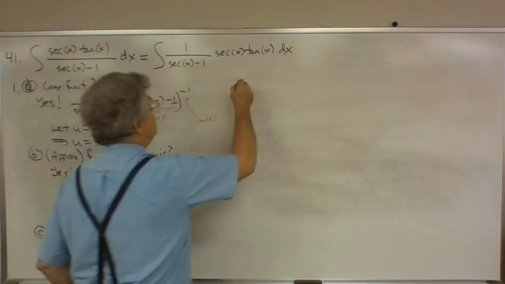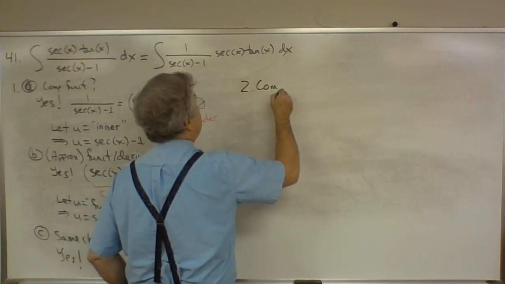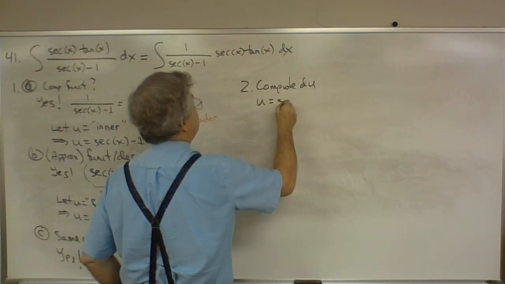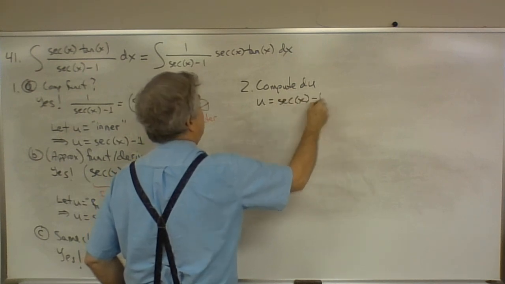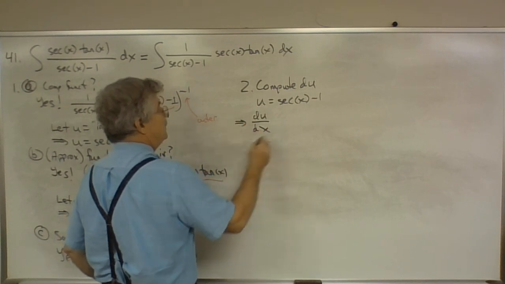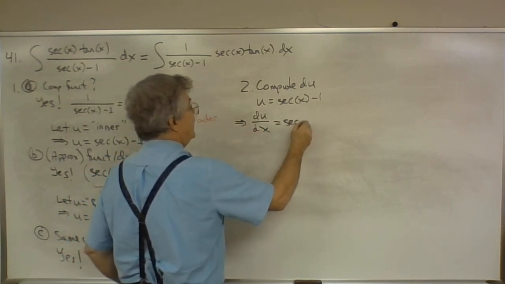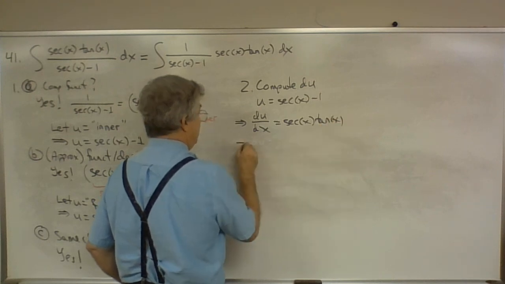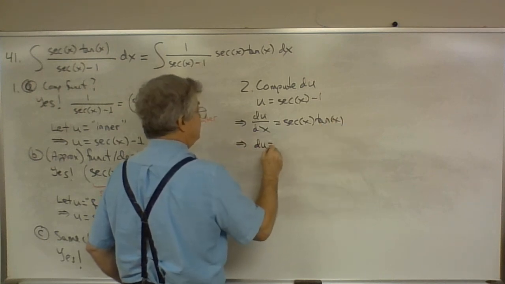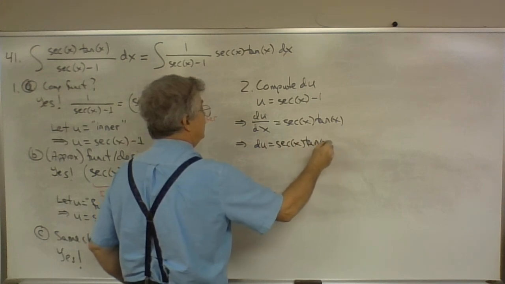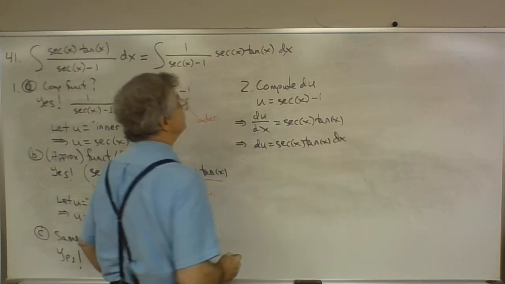Second step, compute du. u equals secant x minus 1. du dx is secant x tangent x, and du is secant x tangent x dx.